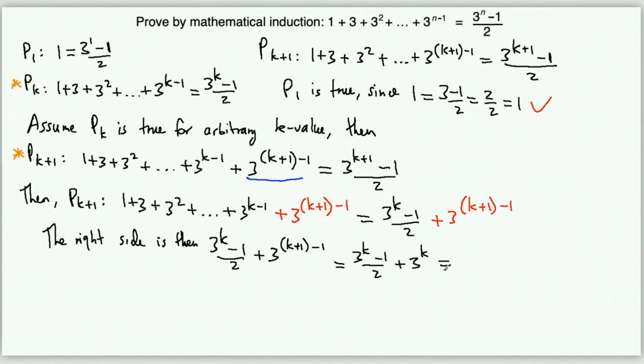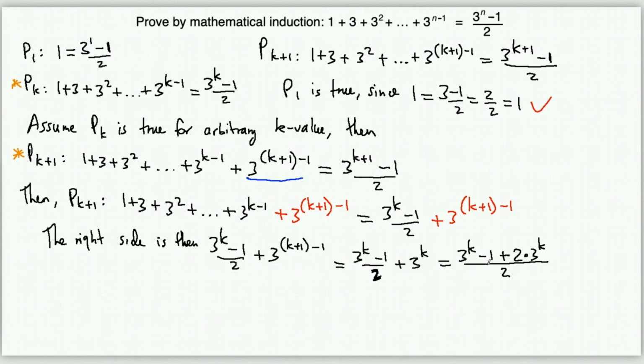Now the next part is to make this look like a fraction with the same denominator too, right, that this one has. So that means 3 to the k minus 1 plus, this has to be multiplied by 2 so that it has the same denominator 2, right? So it's going to be 2 times 3 to the k, and then the whole thing can be safely divided by 2, because now this will be a fraction with denominator 2.